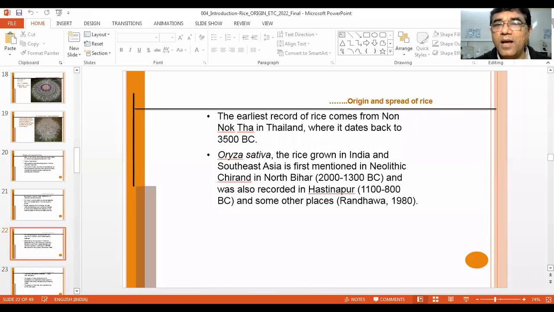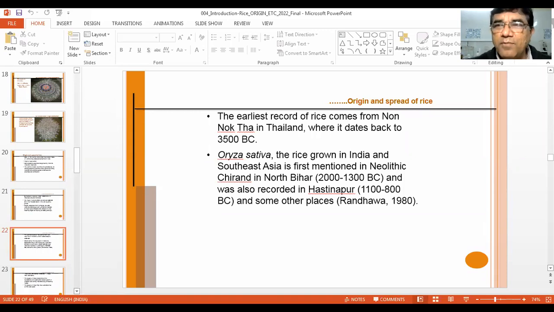Oryza sativa, the rice grown in India and Southeast Asia, is first mentioned in Neolithic Chirand in North Bihar, 2000 to 1300 BC, and was recorded in Hastinapur also, and some other places given by Randhawa. Randhawa wrote History of Indian Agriculture, a book in 3 volumes. Those who are interested in the history of agriculture can see those books.